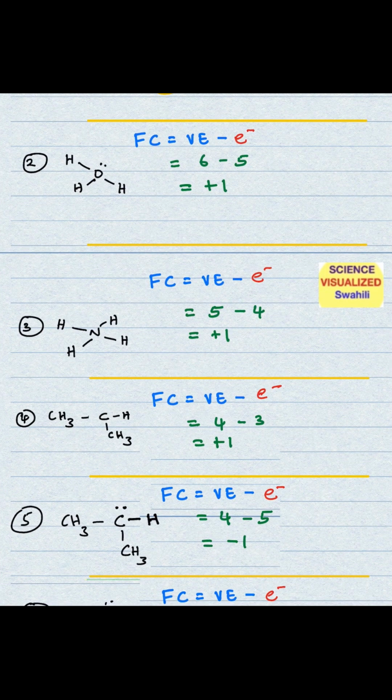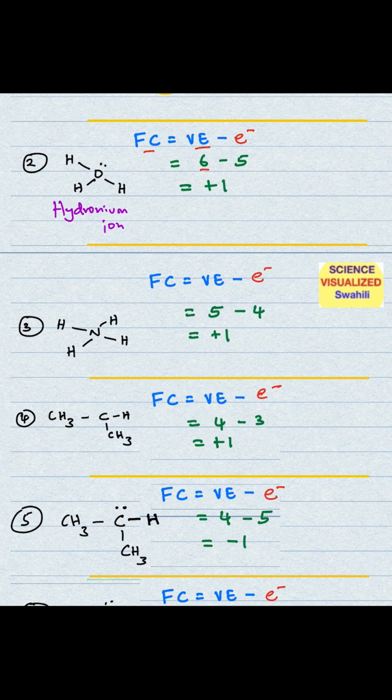Next example is what we call hydronium ion. That's like water with an extra hydrogen or extra proton. That oxygen has only one lone pair of electrons right here. If we plug in the values to the formula, formal charge equals valence electrons, which for oxygen is 6, minus the number of electrons around this oxygen.